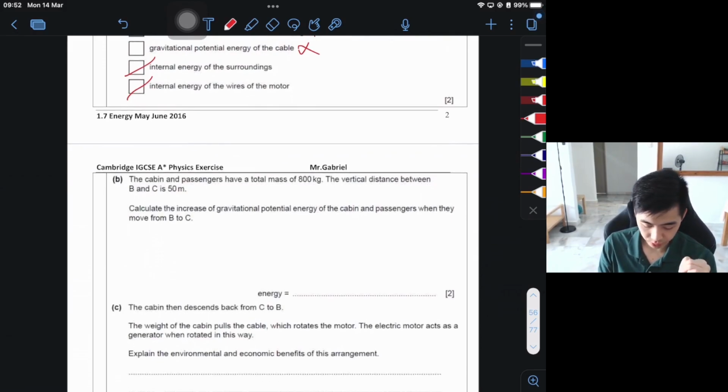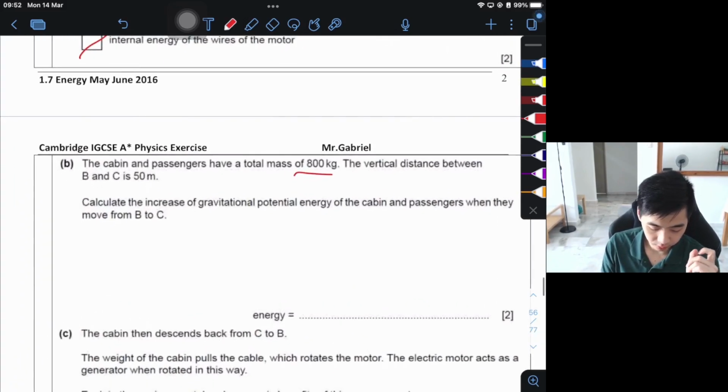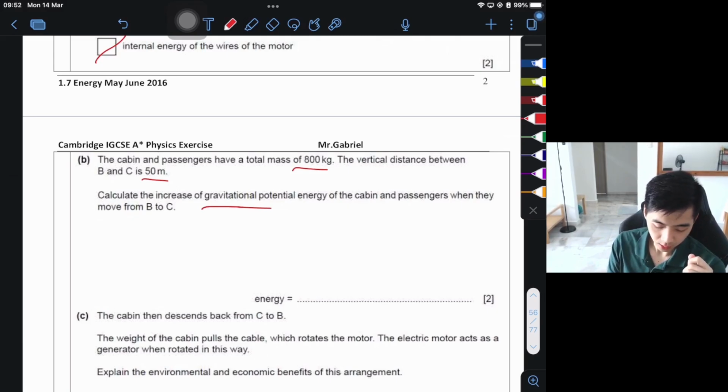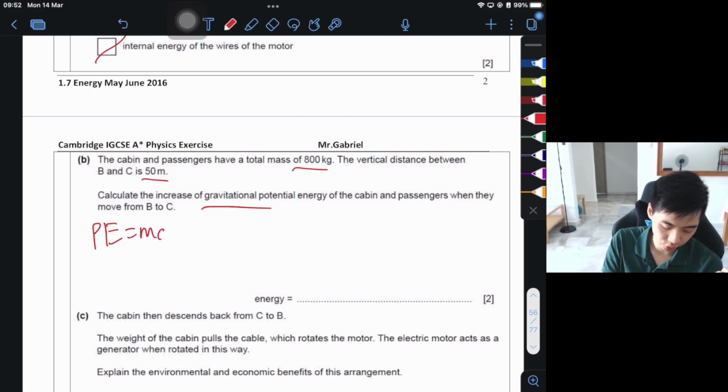The cabin and the passengers have a total mass of 800 kg. The vertical distance between B to C is 50 meters. Calculate the increase in gravitational potential energy when it moves from B to C. Now, gravitational potential energy has a very simple formula of mgh, right? In this case, it will be 800 multiplied by 9.8 multiplied by 50.